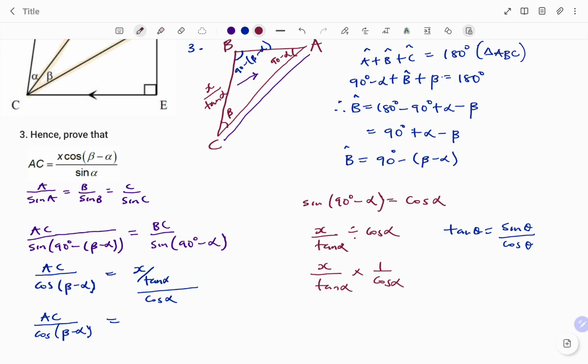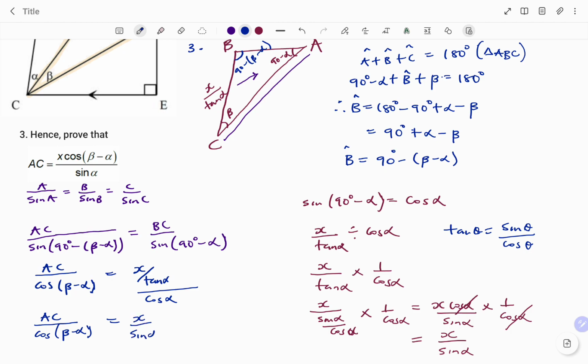So changing that here, I have x over sine alpha over cos alpha, times 1 over cos alpha. If I simplify, that will be x cos alpha over sine alpha times 1 over cos alpha. Cos alpha cancels, so finally I have x over sine alpha. So what I have on my right hand side becomes x over sine alpha.